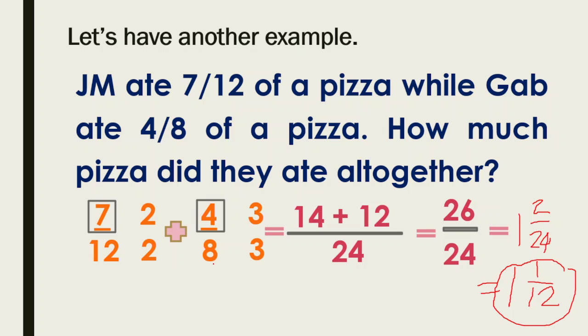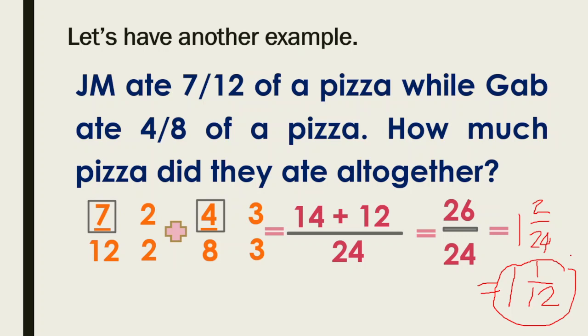How much pizza did they eat altogether? So 1 whole pizza and 1 out of 12 pizza. So question, another question. How many pizza did they order? So they ordered 2 pizzas. Kaya hindi ka naman makaka-order ng pizza na ilang piraso lang.